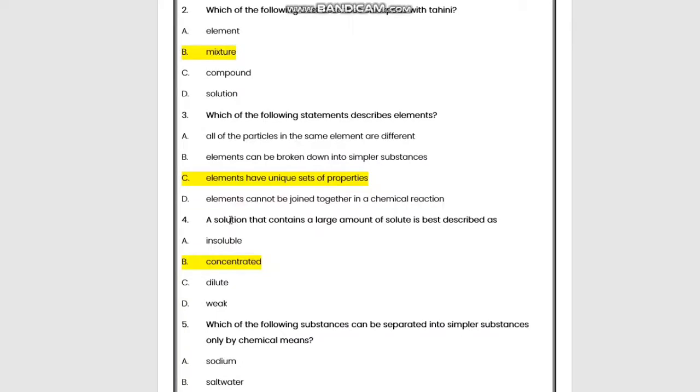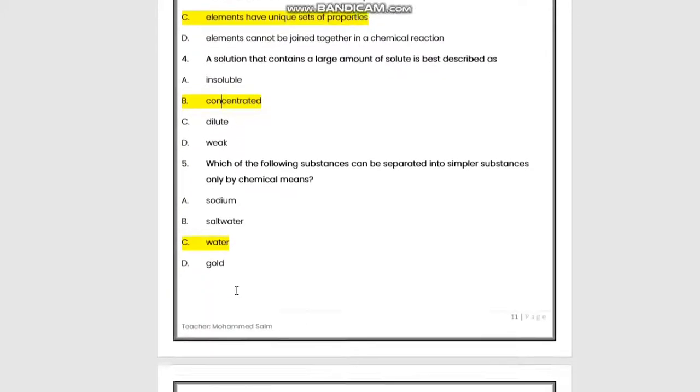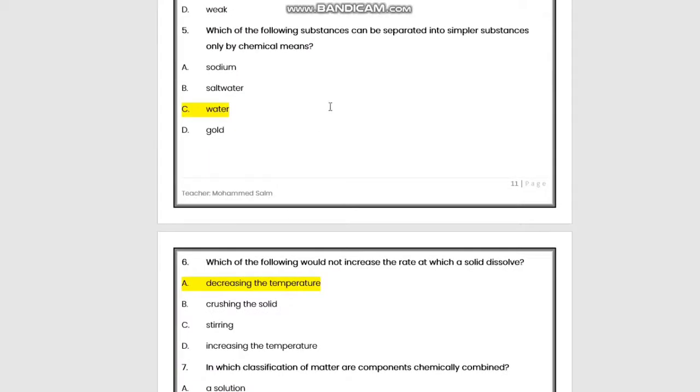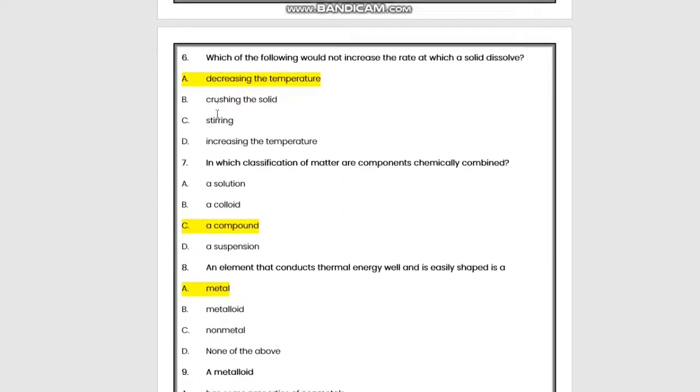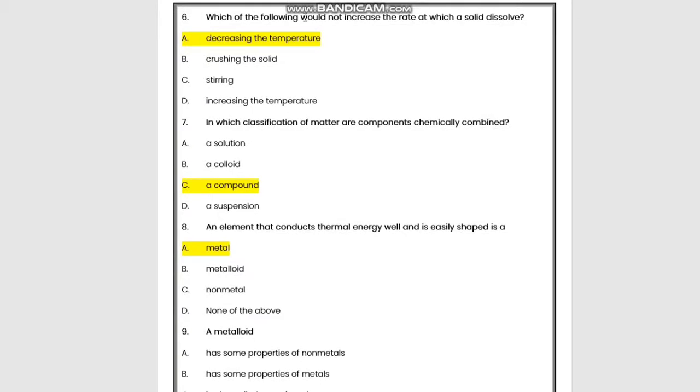A solution that contains a large amount of solute is best described as concentrated. Which of the following substances can be separated into simpler substances only by chemical means? Of course, water. Which of the following would not increase the rate at which a solid dissolves? Decreasing the temperature.